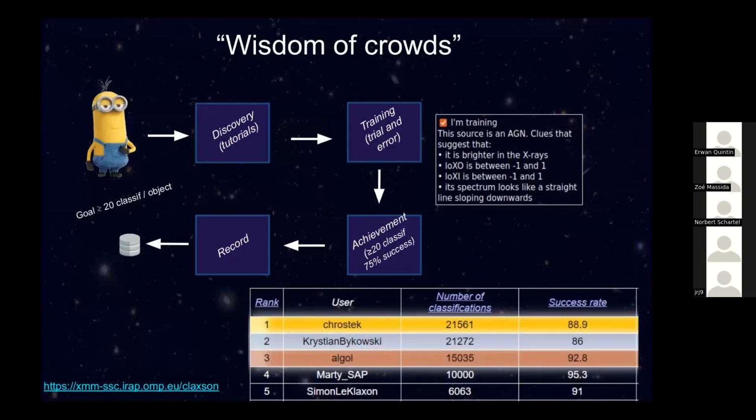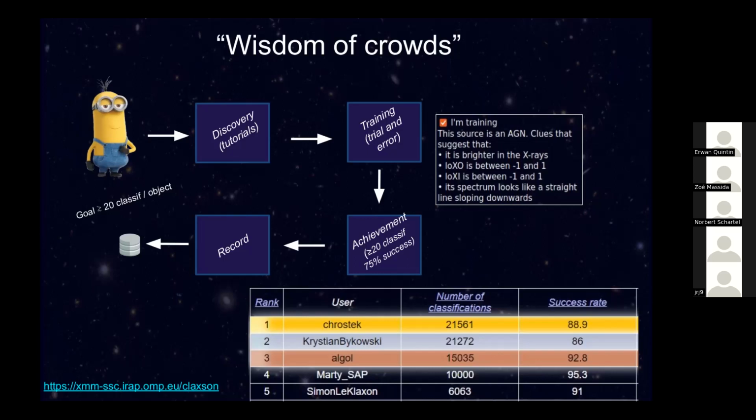So this is the training step, but after they have classified more than 20 objects with at least 75% success, they access level 2, so they can classify unknown sources. These are recorded in the database and can be used later by the scientists.